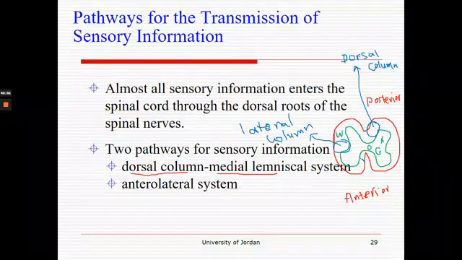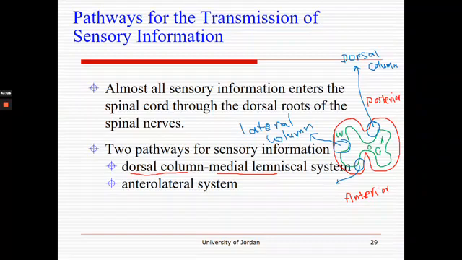And here we have the anterior column. Anterior or ventral column, it's the same, dorsal or posterior, so we have the anterior column.